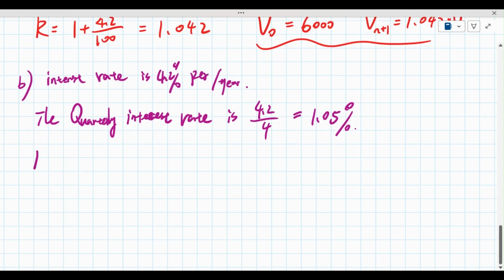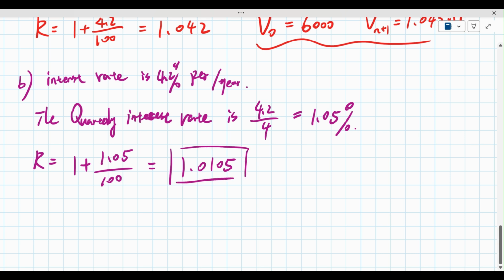And R equals 1 plus 1.05 divided by 100, which equals 1.0105. So V0 equals 6,000 and Vn+1 equals 1.0105 multiplied by Vn.